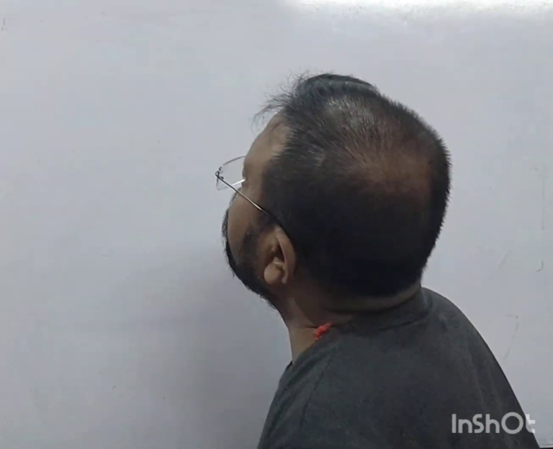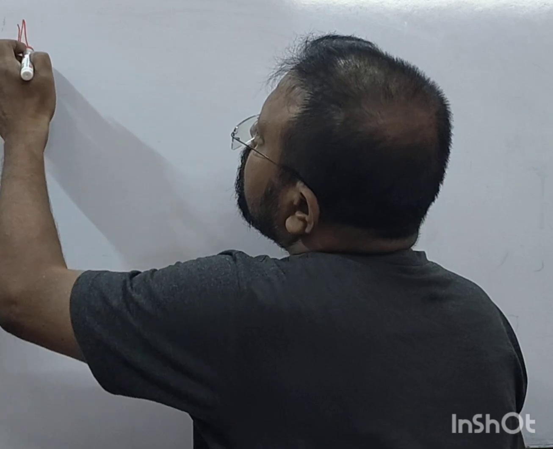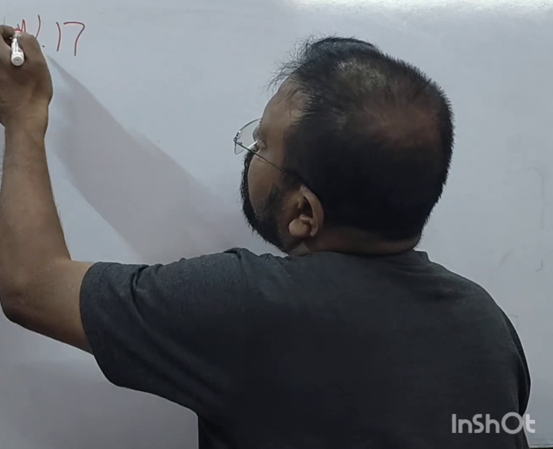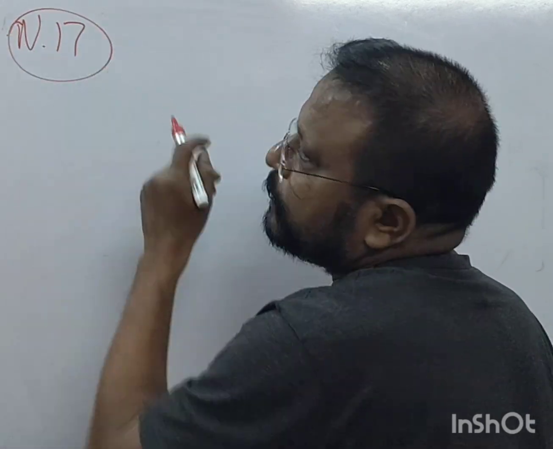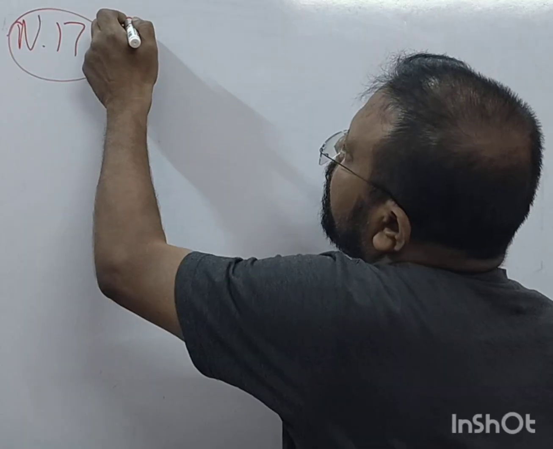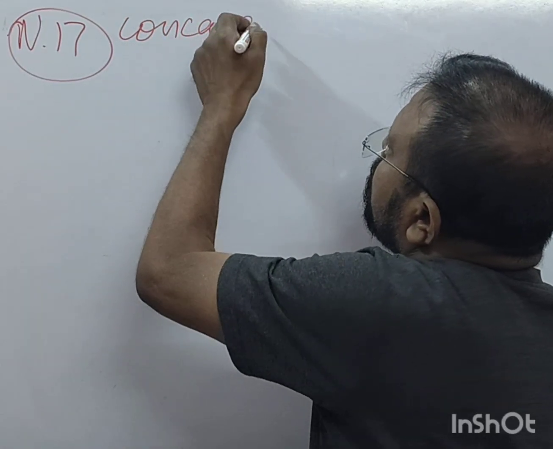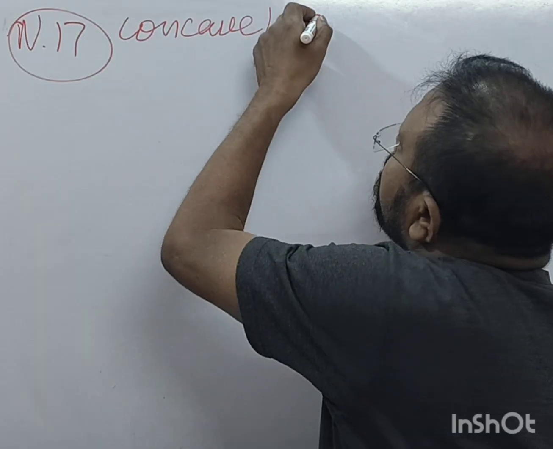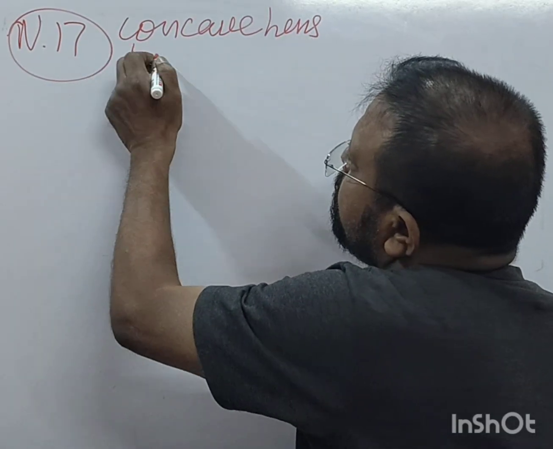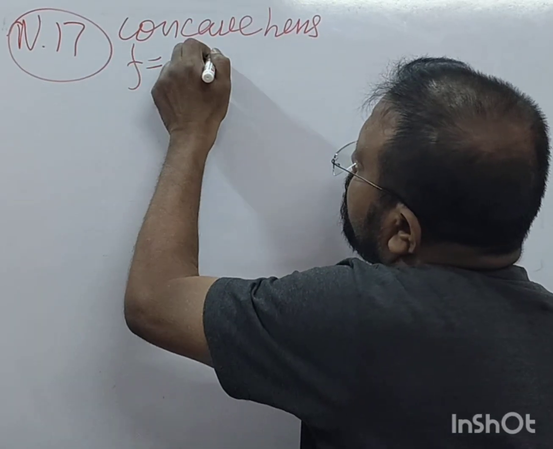What is the numerical number? 17. A concave lens, focal length is 30 centimeter. F is minus 30 centimeter.